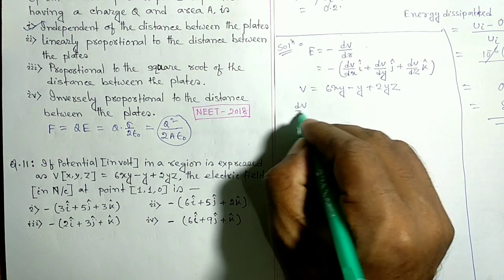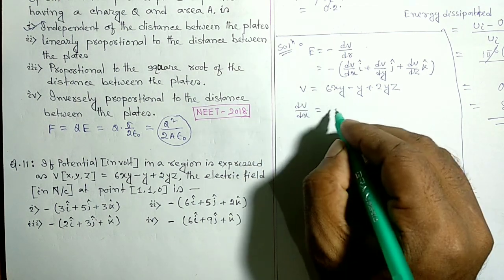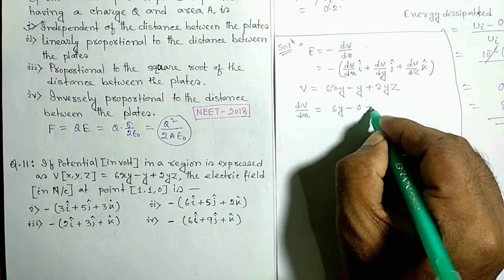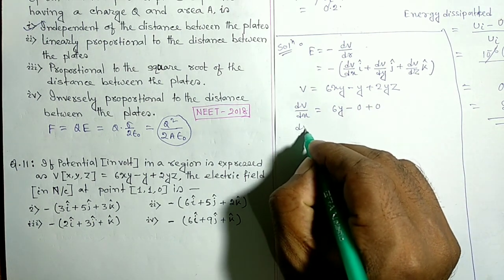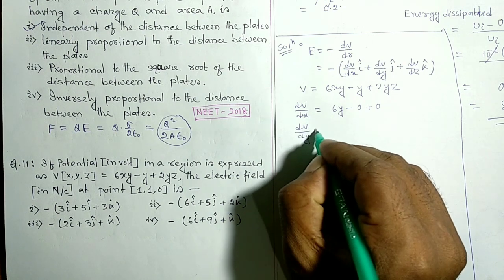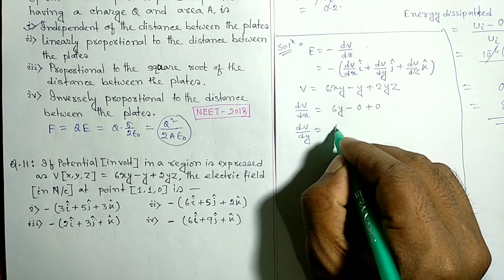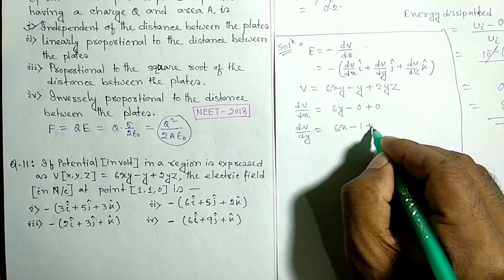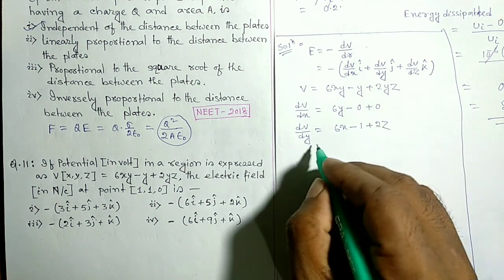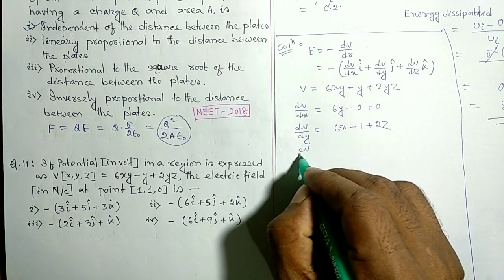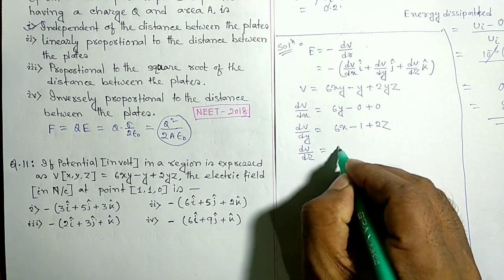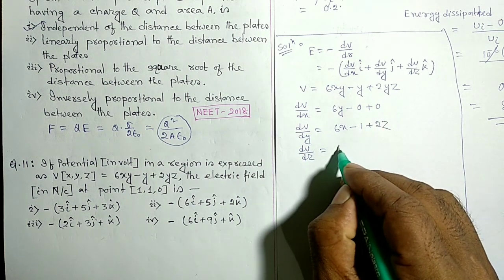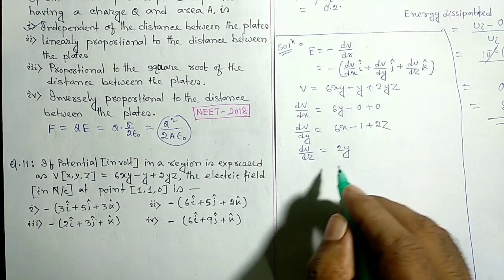Now dV by dx is equal to 6y minus 0 plus 0. dV by dy is equal to 6x minus 1 plus 2z. Now dV by dz is 0, 0, and it is 2y only.